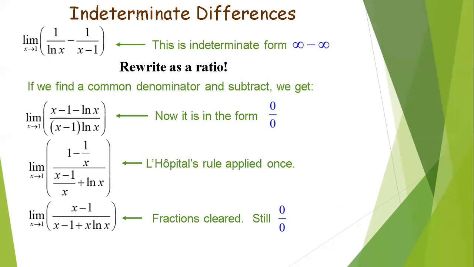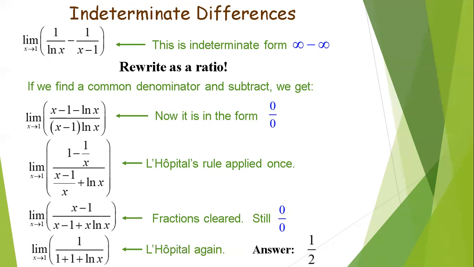The fractions are cleared, but it is still 0 over 0. Then the limit as x approaches 1 of 1 over 1 plus 1 plus ln x, L'Hopital again. The answer is 1 over 2.